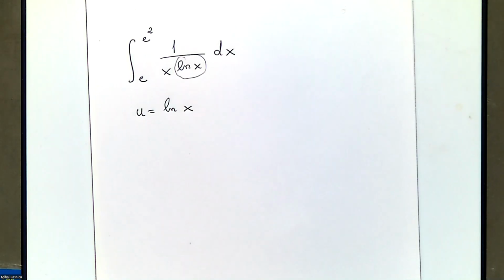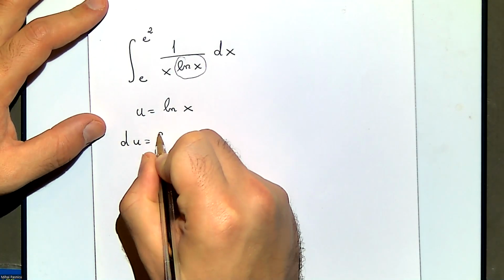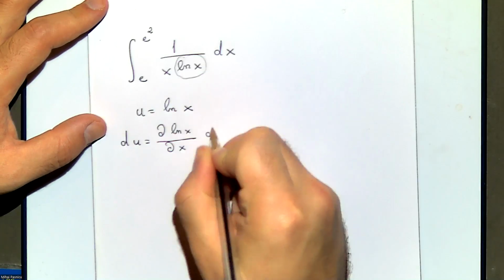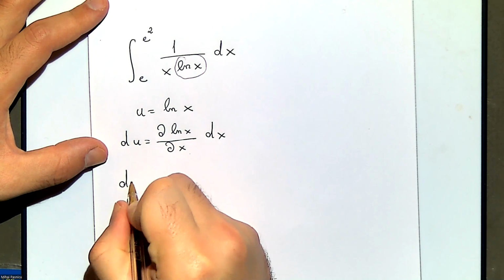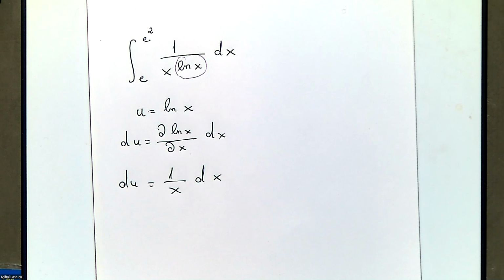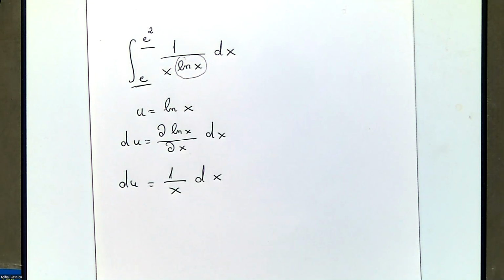The next step is standard again. I'm just going to say du is equal to the derivative of ln of x dx, which is just 1 over x dx. And after this, in the indefinite integral, we just plugged everything into the integral, replaced, and tried to solve it. When you're dealing with definite integrals, you have to change the heads of integration as well.